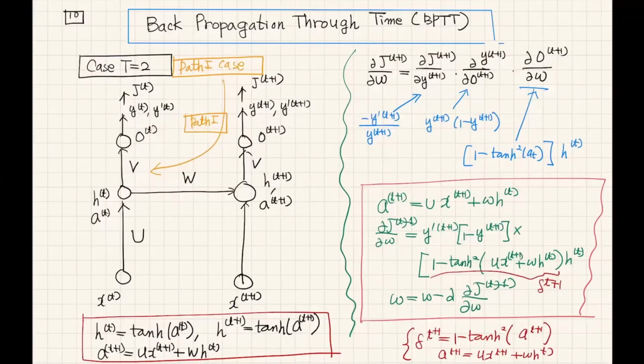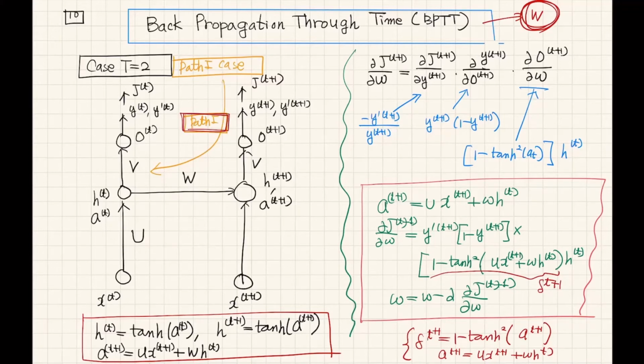Now, I would like to derive the equation for matrix W. In order to do that, the process is a little bit complicated. I will divide it between path 1 and path 2.